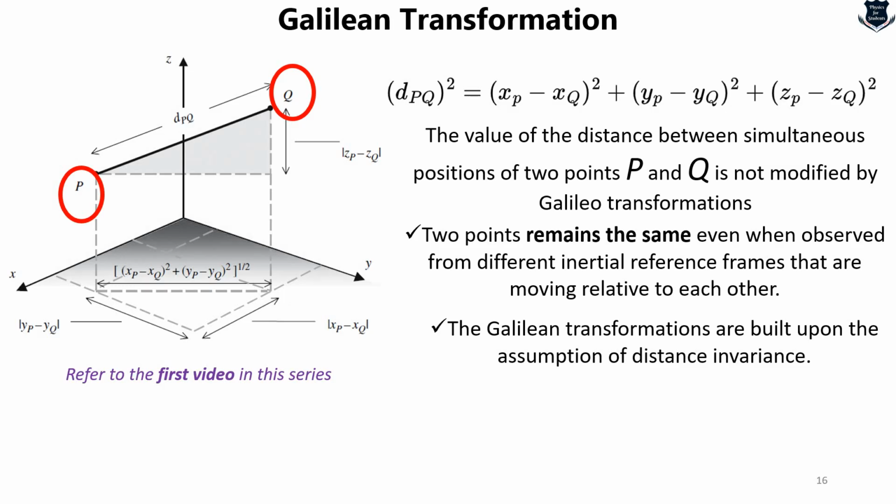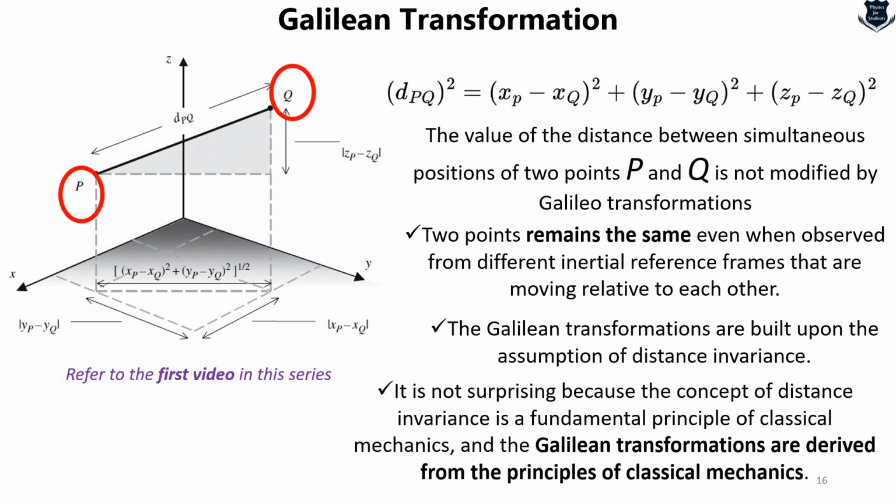So the Galilean transformations are built upon the assumption of distance invariance. Because Galilean transformations are built upon the assumption of distance invariance, it is not surprising, because the concept of distance invariance is a fundamental principle of classical mechanics, and the Galilean transformation is derived from that.